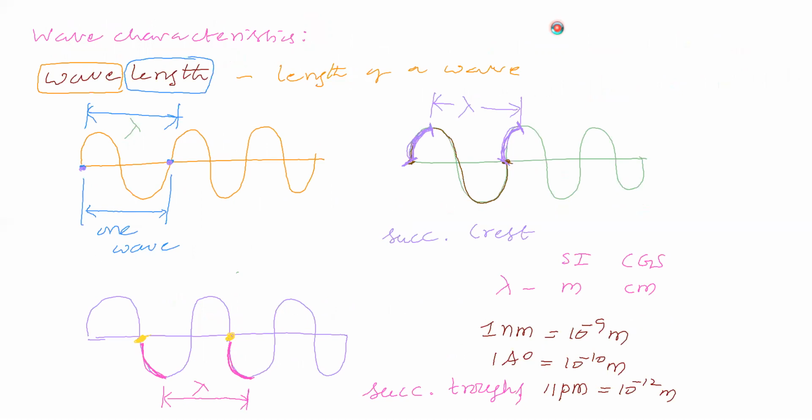Wavelength is called the distance of a wave. Frequency is called the number of waves passing a given point per unit time.